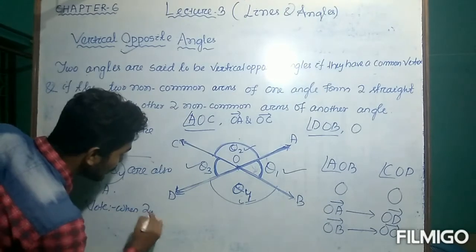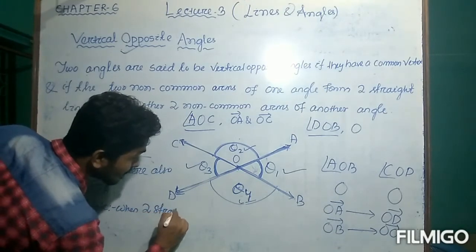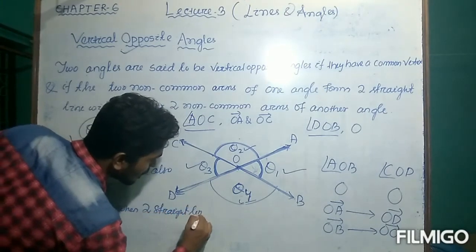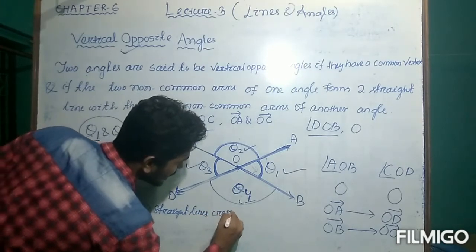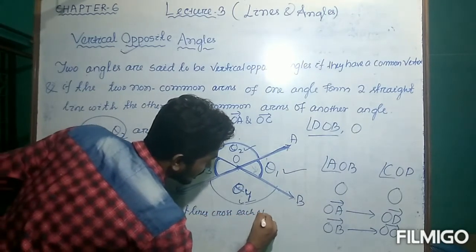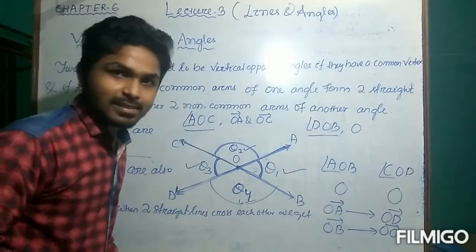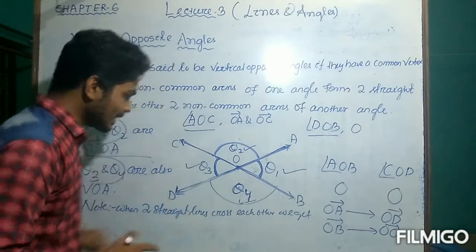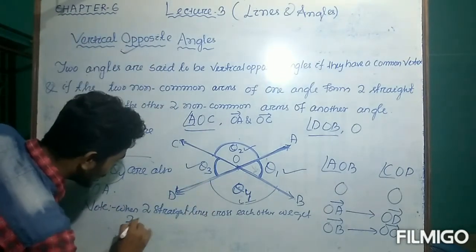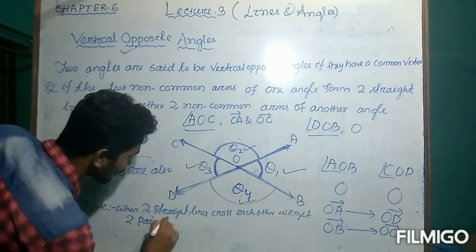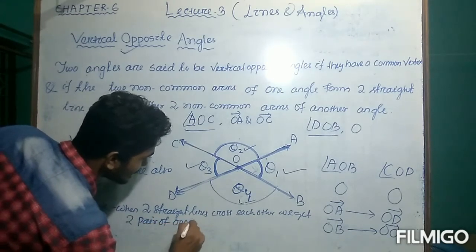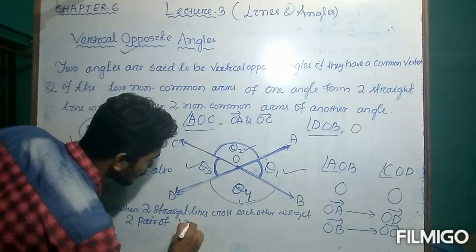When two straight lines cross each other, how many vertically opposite angles do we get? Two pairs, right? We get two pairs of vertically opposite angles.